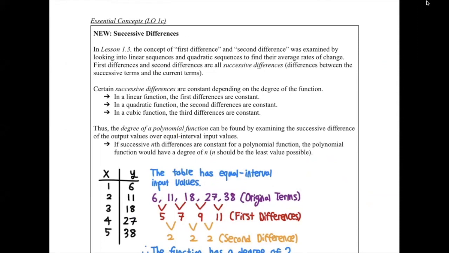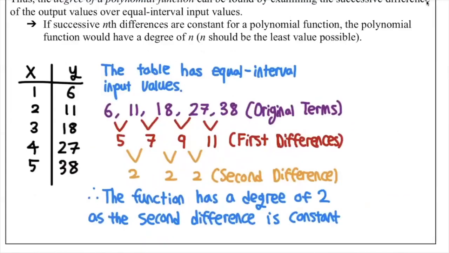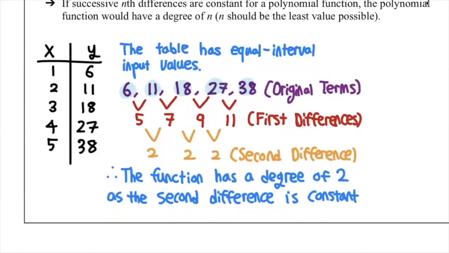I'm going to explain what successive differences are in the first place. Successive differences are differences between the successive terms and the current terms. So for instance, for this table, this table has equal interval input values. So we can conclude that the terms are 6, 11, 18, 27, and 38.